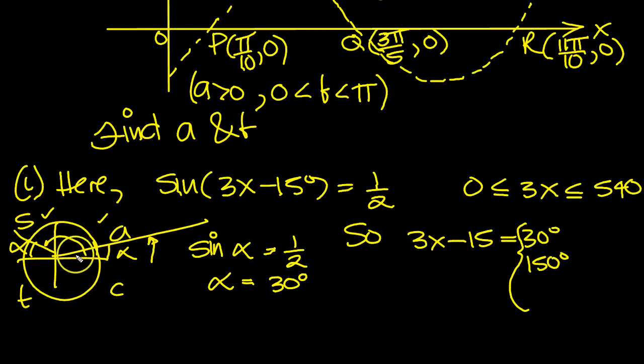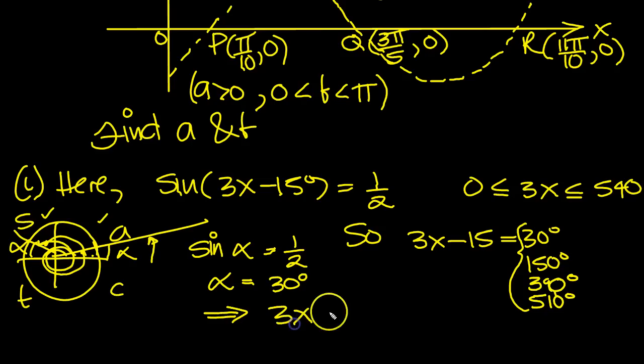Then we need to go round once more, round 360 and round to here, 390 degrees. And then the next one is round 360 once and then round to here, which is 540 take away 30, 510. So there's our solution.